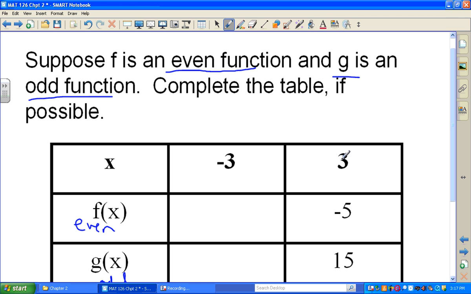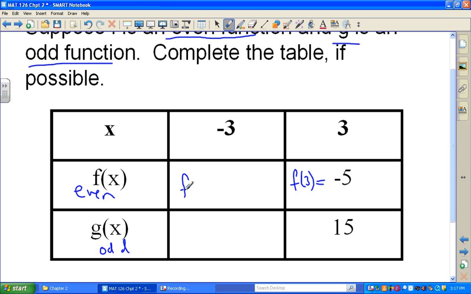Well, this says for the even function, f of 3 equals negative 5. Well, that means f of negative 3 would also equal negative 5, because for an even function, f of x equals f of negative x. Okay? So they have to equal the same thing. In this case, they both equal negative 5.